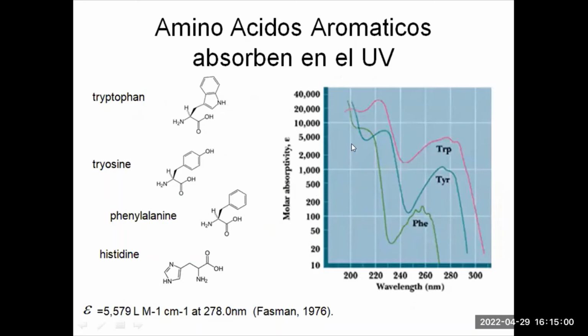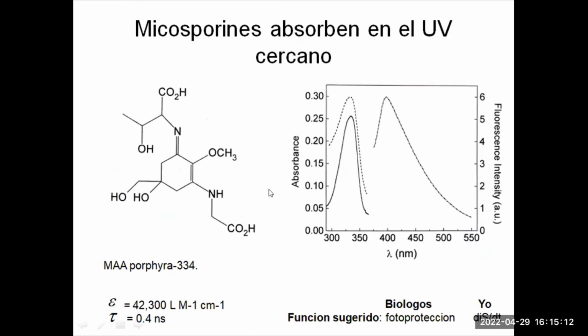And amino acids also absorb very strongly, about 260 to 280 nanometers, especially the aromatic amino acids, which have this aromatic ring. And the mycosporins, which are absorbing in the near UV, at about 320 nanometers.